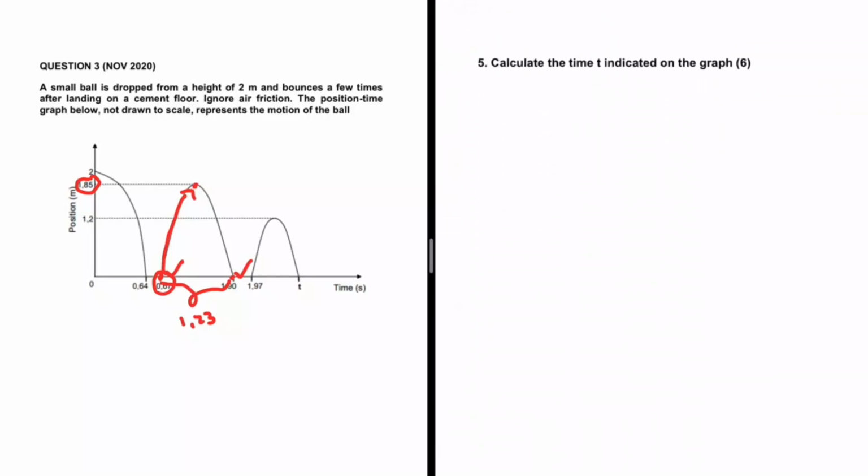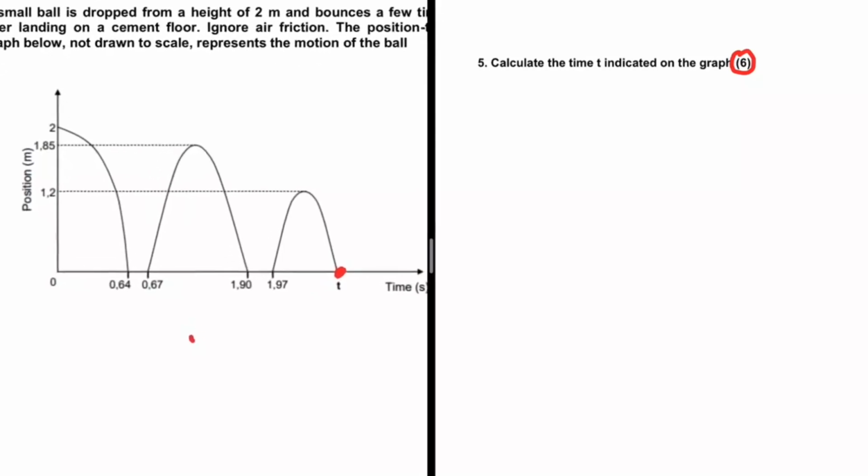In question 5, we're supposed to calculate the time t indicated on the graph for 6 marks. So let's just get rid of all this for the sake of clarity. We're interested in the time t. Let's make sense of that.